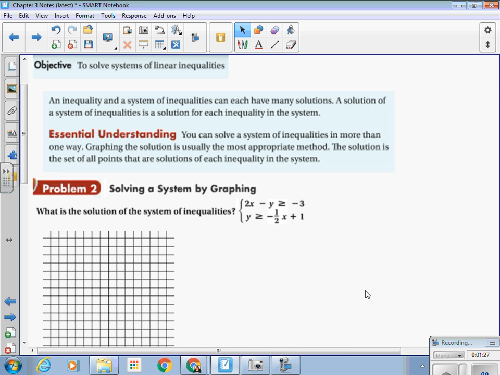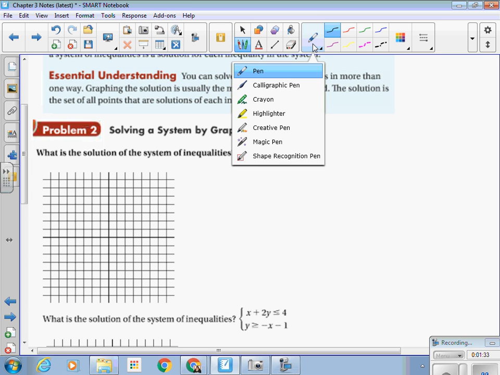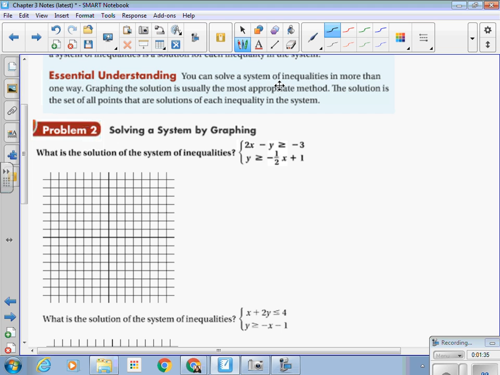So we're going to solve this system by graphing, and I am going to employ the help of my friend slope-intercept form. I find it so much easier to graph when I'm in slope-intercept form that I will do the algebra required to convert in order to graph in an easier manner.